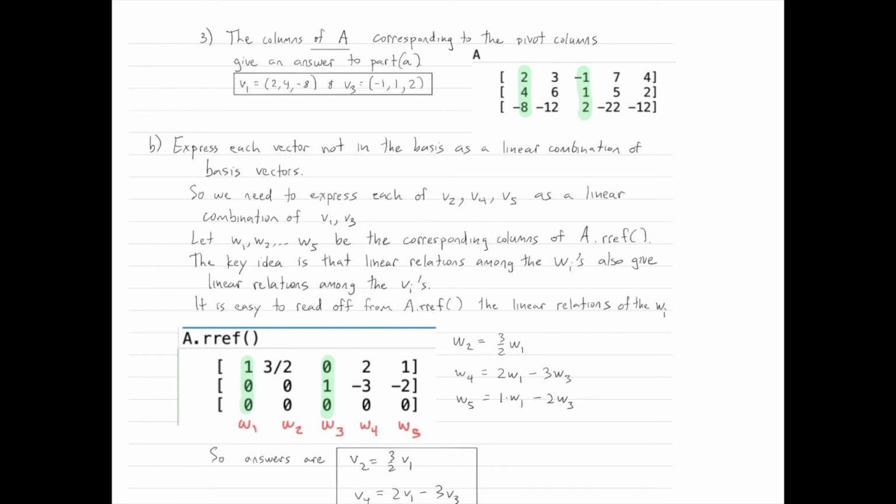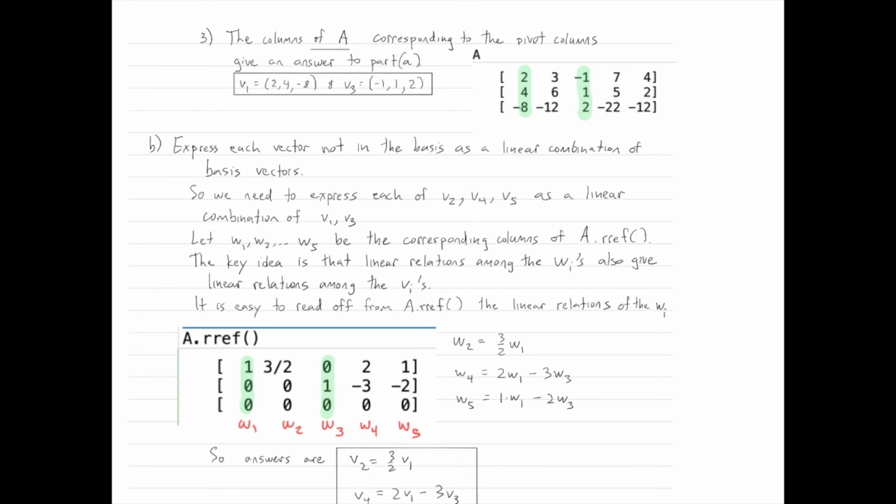Okay, so what are the relations between the column vectors of the reduced row echelon form? Well, they're easy to read off. So W2 is 3/2 times W1. So that's where I'm getting this. W4, that's this column here, is 2 times W1, because W4 has a 2 in the first position here, followed by -3 W3, because W4 has a -3 here, and W3 has a 1 here.